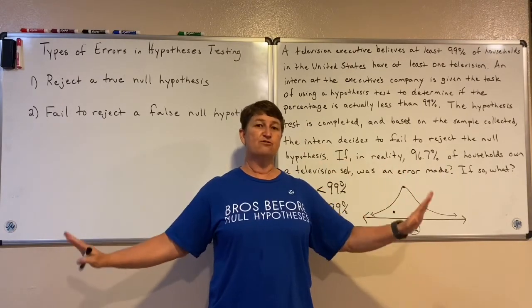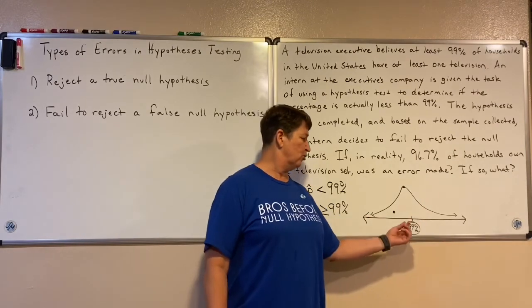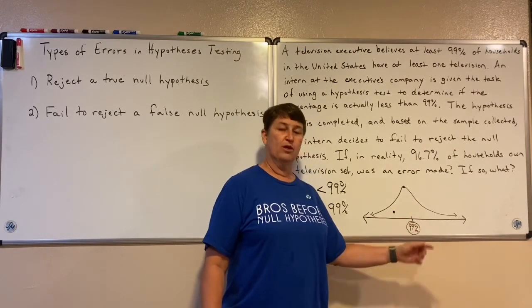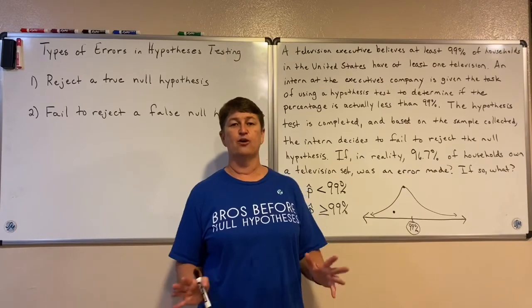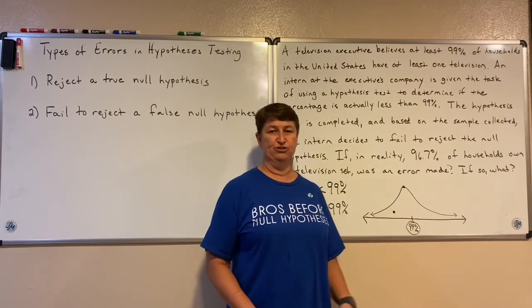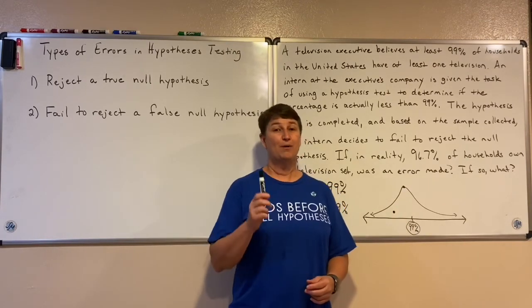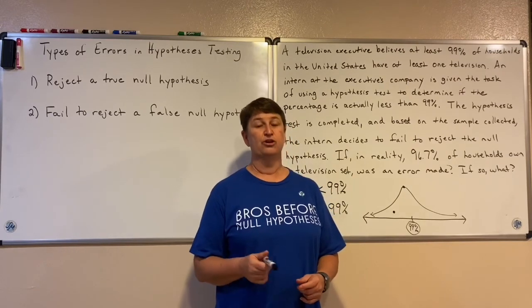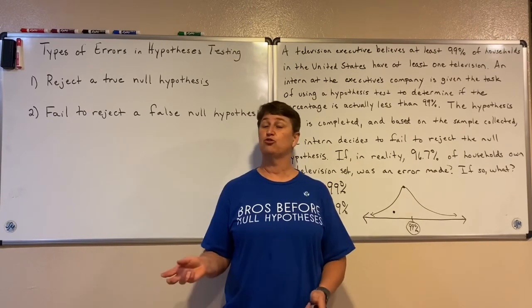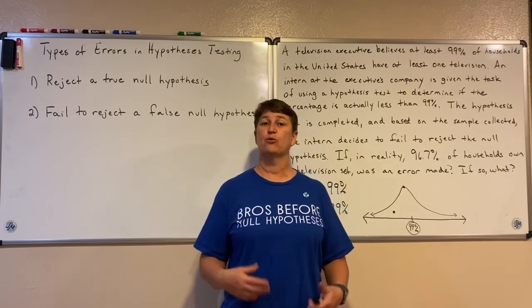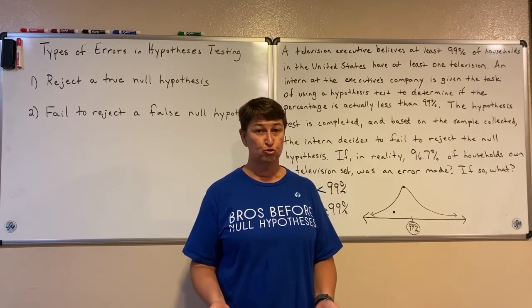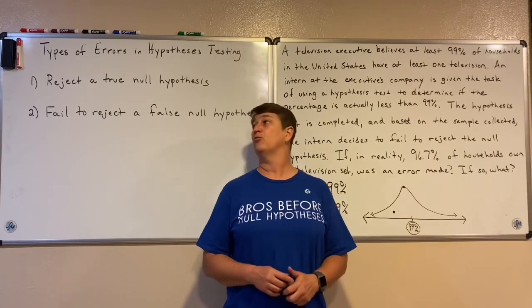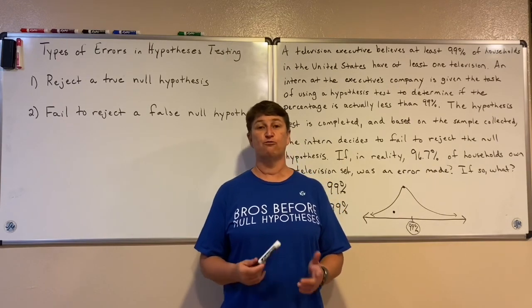And if it is far enough out, then we reject our null. But if it's not far enough out, then we fail to reject the null. But we have to be careful with that because we can make errors. So we have to understand that these two errors can be made. We can reject a true null on occasion, and we can fail to reject a false null.